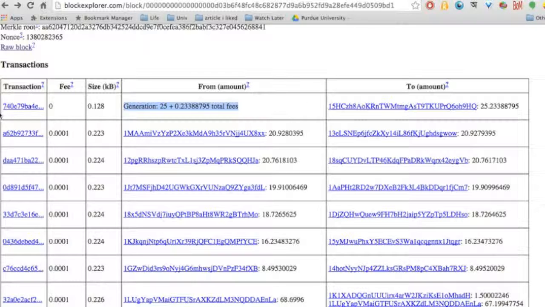So the first transaction is always a special transaction where the Bitcoin miner is rewarded a certain amount of Bitcoin. Okay, and actually this is the Bitcoin address of that Bitcoin miner.